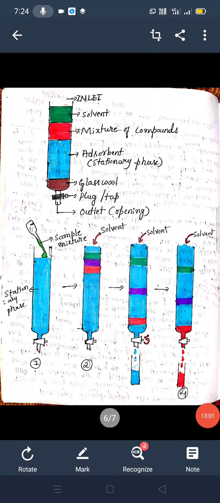The separated compounds are collected in different beakers or test tubes.